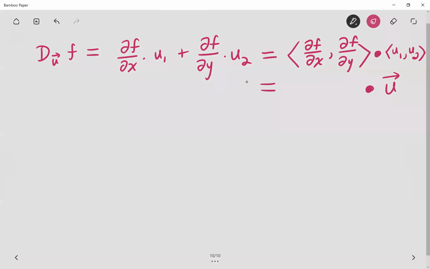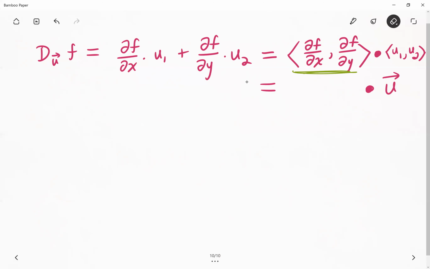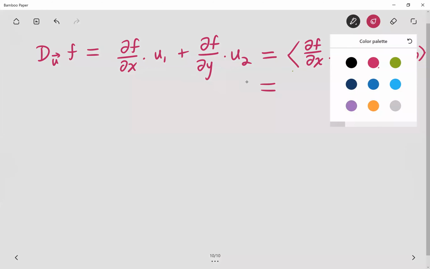And here, this vector of partial derivatives seems to be pretty special, right? It's not something we've technically encountered before. We have seen something similar where we had df dx, df dy, and -1 as a vector in a different context. But the vector of partial derivatives seems important enough that we should give it a name. And in fact, mathematicians do.